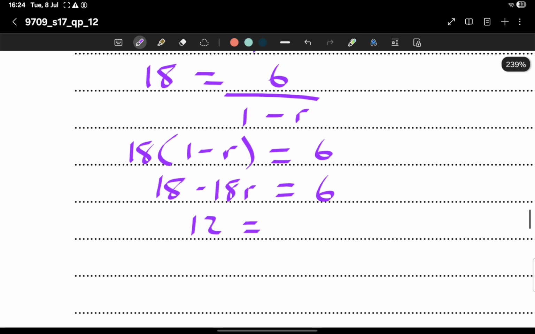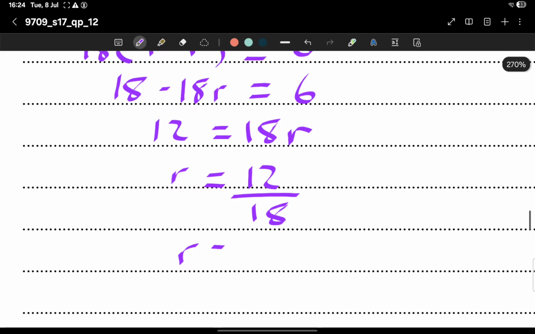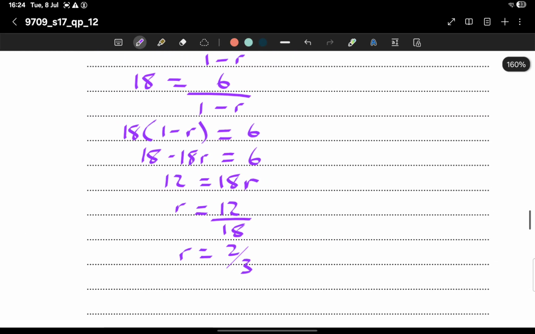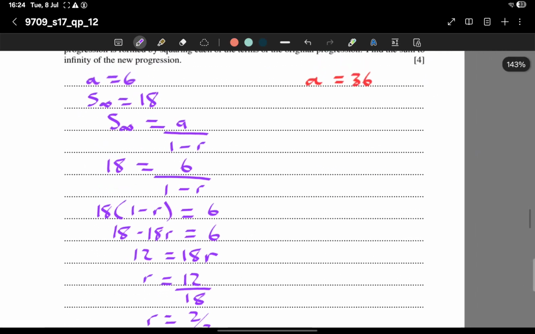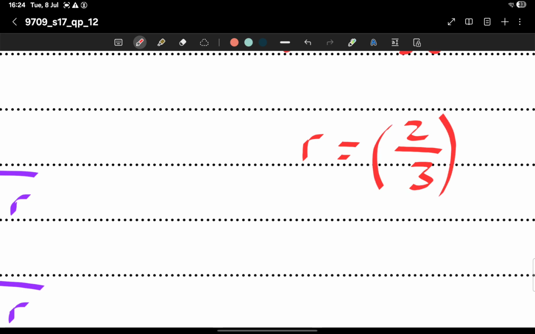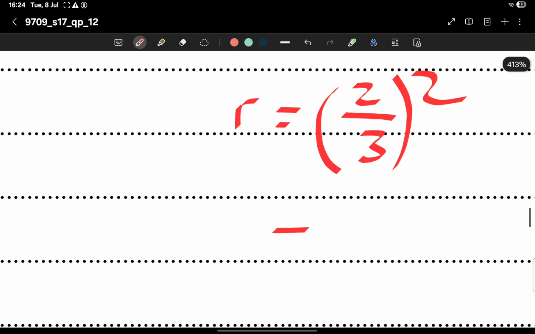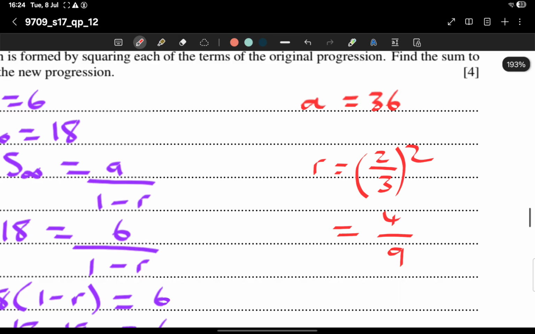This will give us 12 is equal to 18r, and r equaling 12 over 18, which is as good as 2/3. So if the r value for the first progression is 2/3, then surely the r value for the second one will be 2 over 3 squared, so it will be 4 over 9.